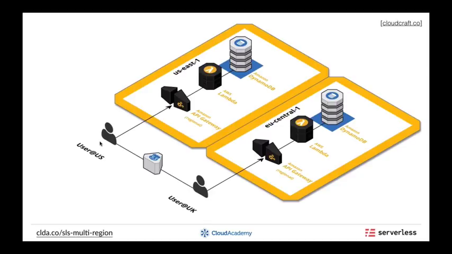For example, if a user is in the United States, it will use Route 53 as a DNS resolution service to find out which is the closest region, the one with the least latency at that time, and hit, in our case, US East 1. Our happy user in the UK will invoke the very same endpoint, but Route 53 will route that user to the closest region, which is Frankfurt, Germany, EU Central 1.